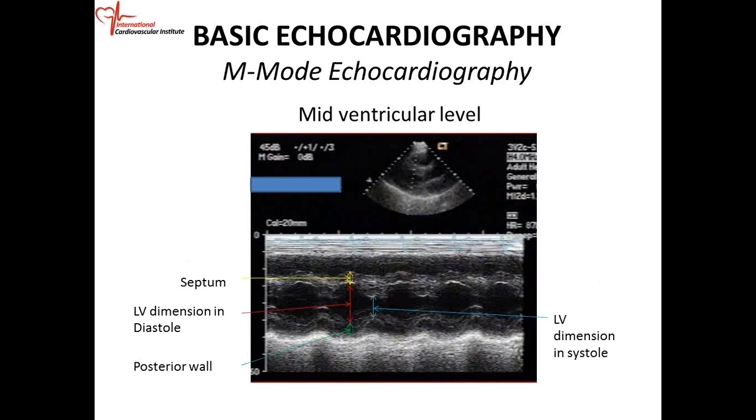In systole, you're going to see where the septum is lowest. Okay, remember in systole, the septum moves towards the posterior wall. You find out where the septum is lowest in its excursion, you drop a perpendicular down to the posterior wall, and that's the LV dimension in systole.